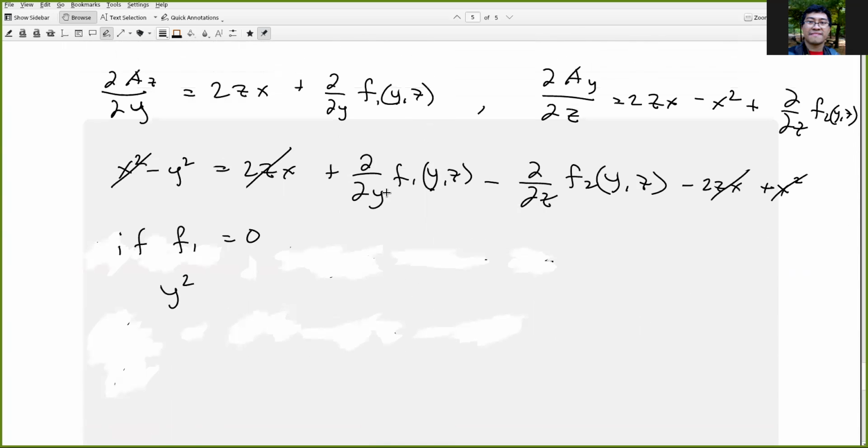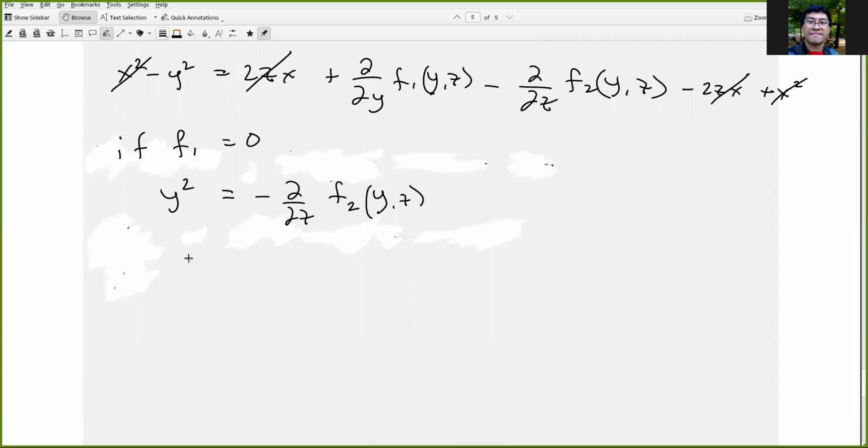Okay, so if f1 is 0, you have y squared equals negative partial with respect to z of f2. Okay, take the integral.